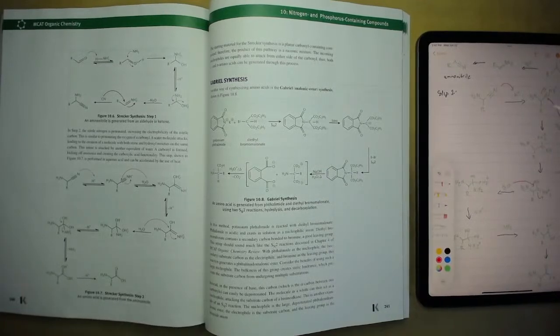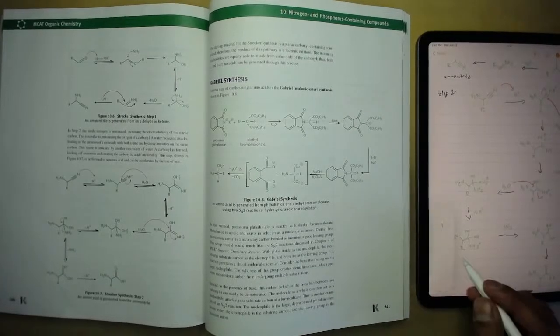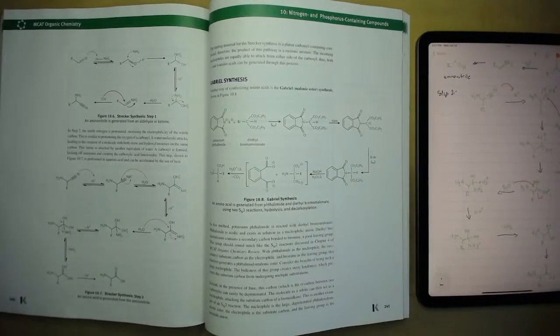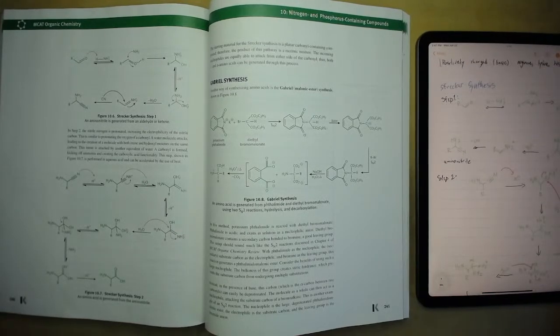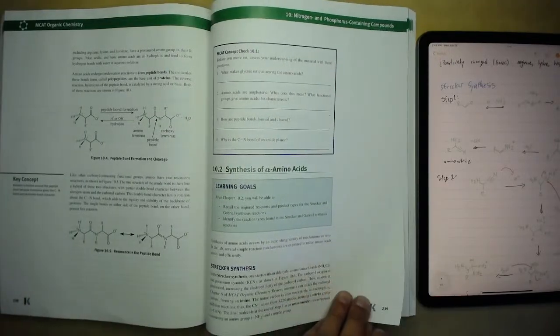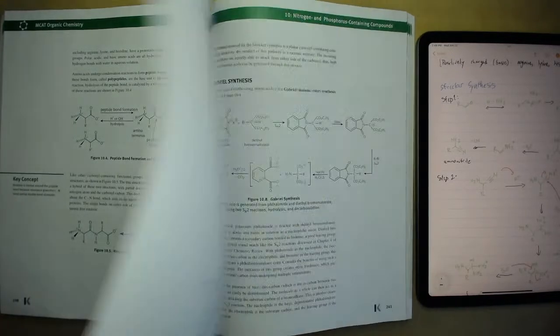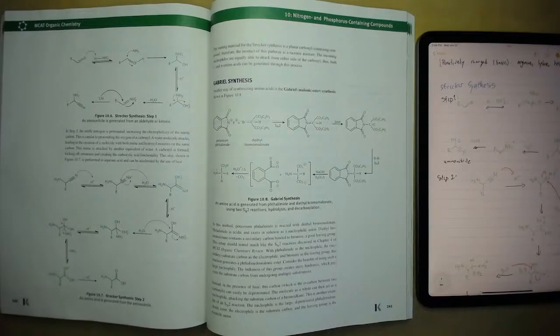Because the nitrile is the triple bond, the double bond is the imine. What's an imine?